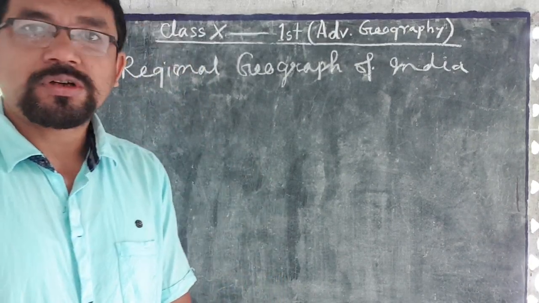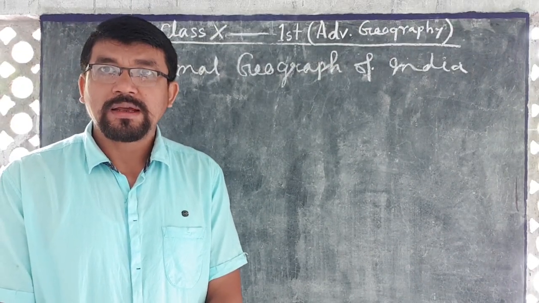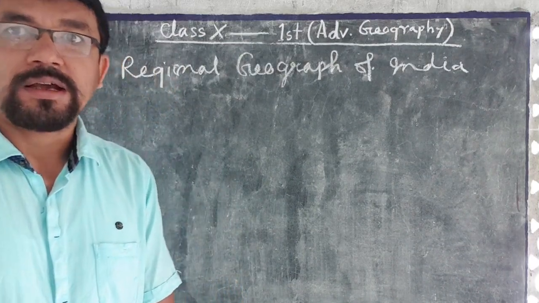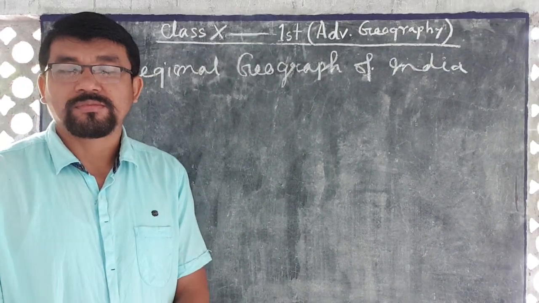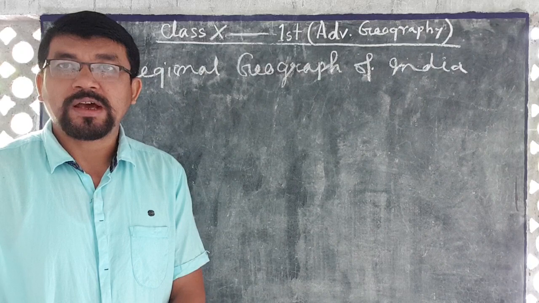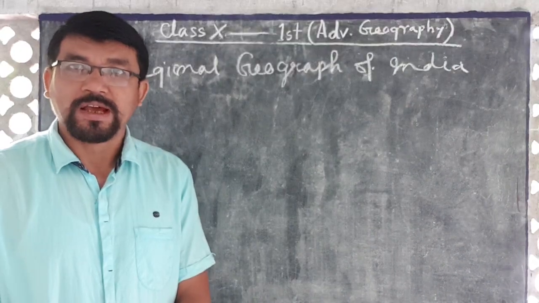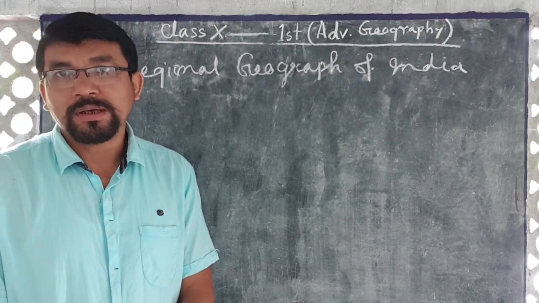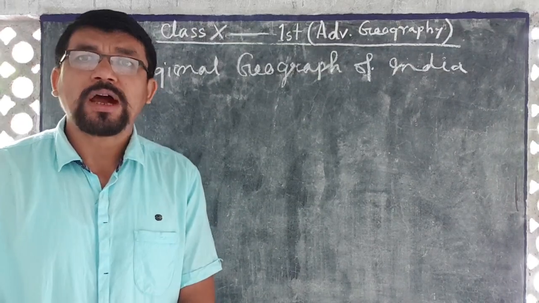There is a question you can write down: why is India a more diverse country than the other countries of the world? Or you can say India is a country which is full of diversities. Explain it. So this way a question may arise. Okay? So what do you have to write there?